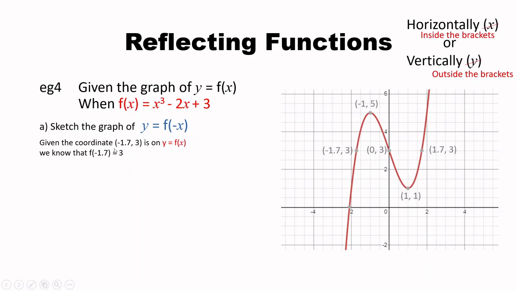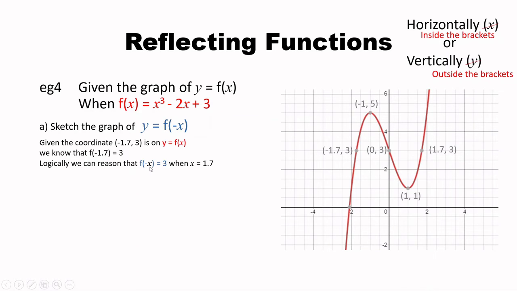Since we know that (-1.7, 3) is on the curve y equals f of x, that's here, we know that f of -1.7 is equal to 3. When my input is -1.7, my output is 3. Logically, that means that f of -x will be equal to 3 when x is simply positive 1.7.